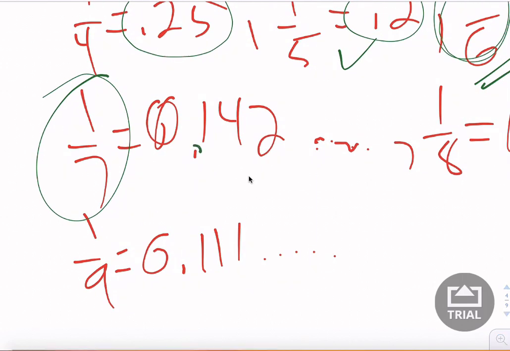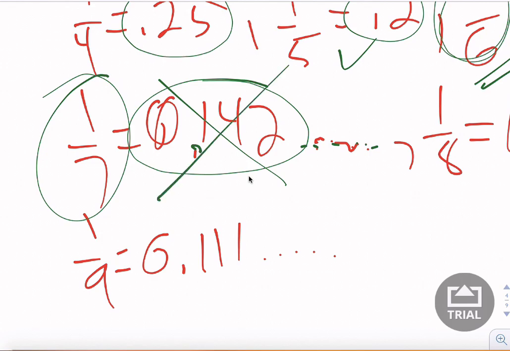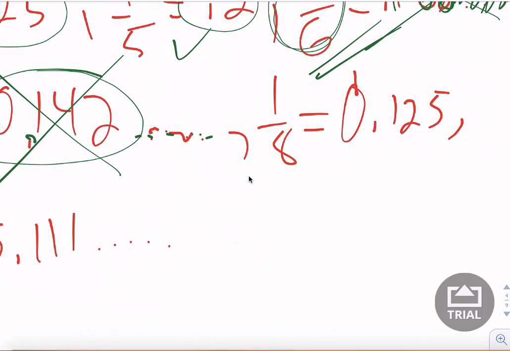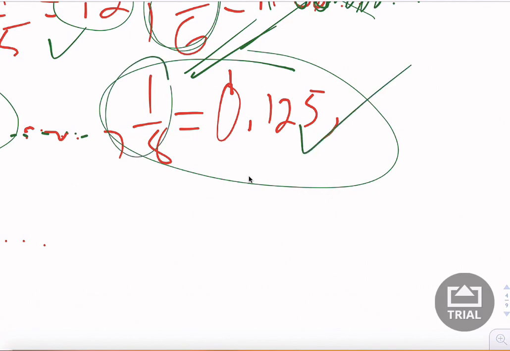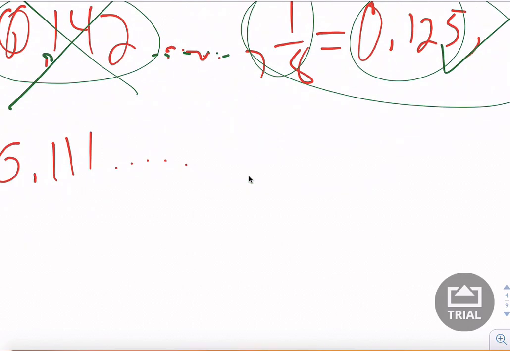Well, sevenths are 0.142, and so on. Again, it's a non-terminating decimal. So if I just write 0.142, that's actually not exactly the same as 1/7. So I'm rounding, and I'm trying to avoid rounding. So if I'm working with sevenths, I have to keep the 7 in the denominator. I can't convert it. 1/8 converts perfectly to 0.125. It's a terminating decimal, so I can use either 1/8 or 0.125.